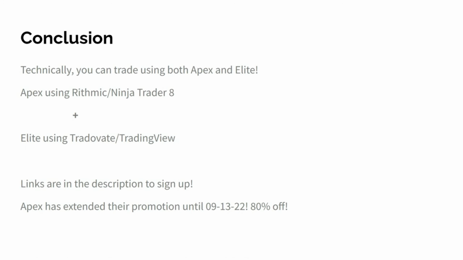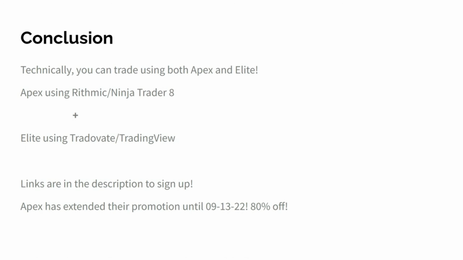So I can see how using Apex and Elite Trader Funding will be a benefit for people that want to have 20, 30, or even 40 accounts potentially, because you can run 20 with Apex using Rhythmic, and then open up a browser and run 20 accounts with Elite.